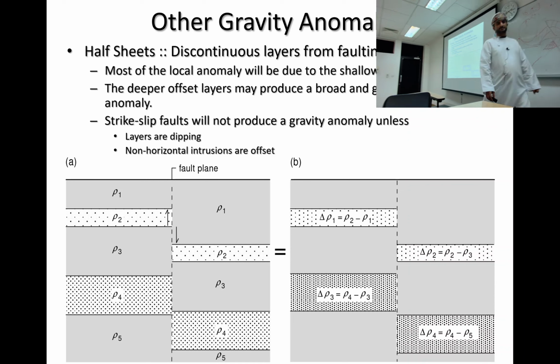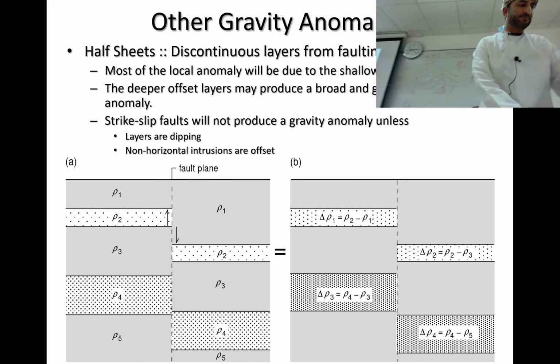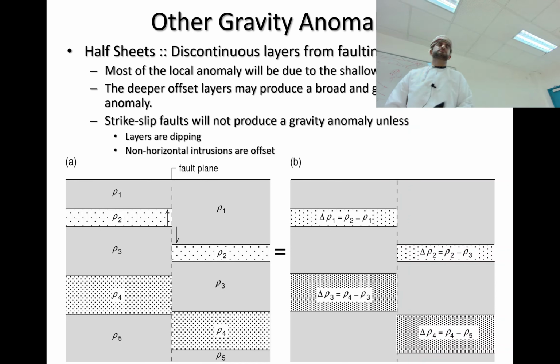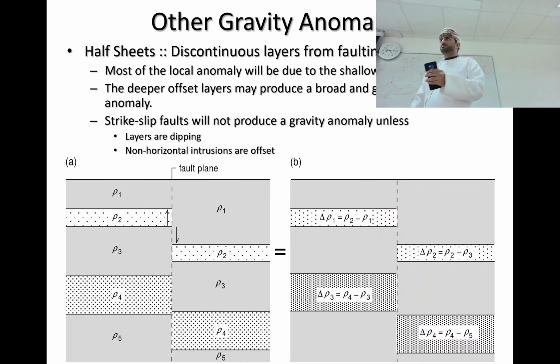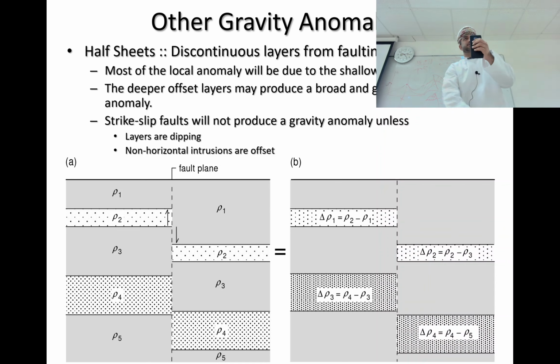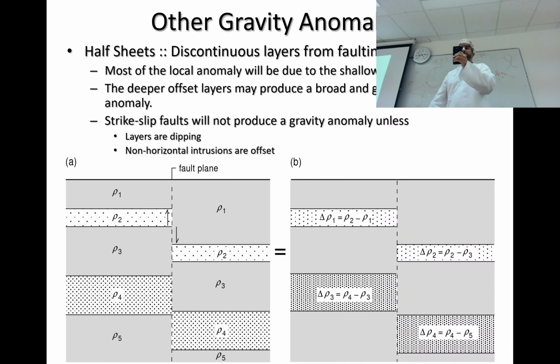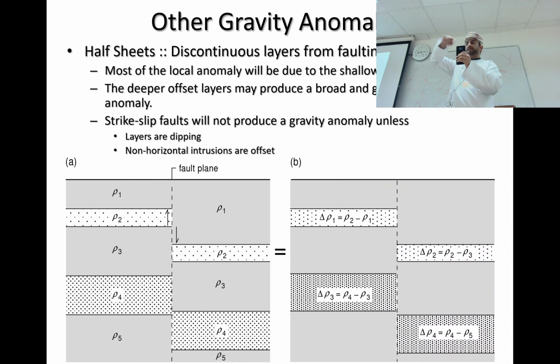I make a simplification. So let's assume this is a layer. This is a different layer. Here I have a layer. It's vertical. If I take a measurement like that, this is a different density than the surrounding. This is how I'm measuring from the surface. Would I get an anomaly or not? Definitely there's going to be an anomaly.